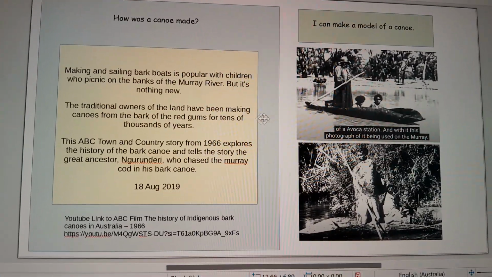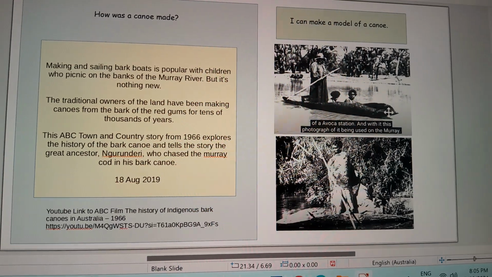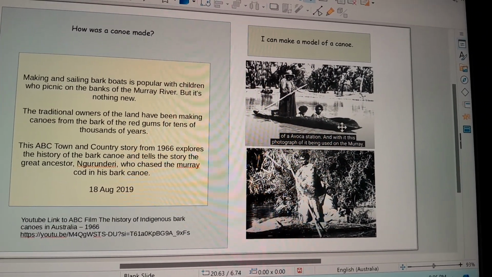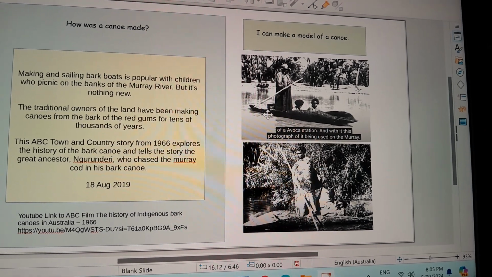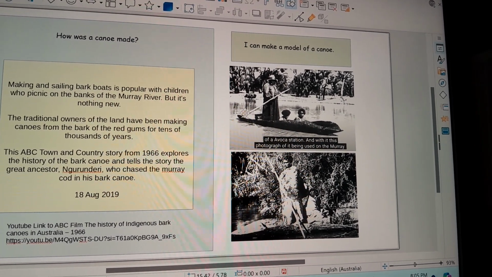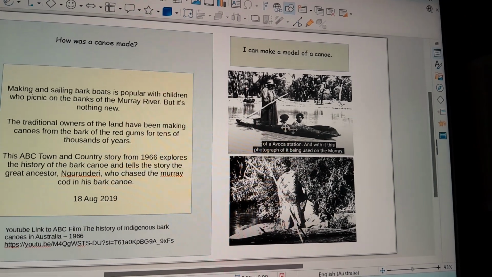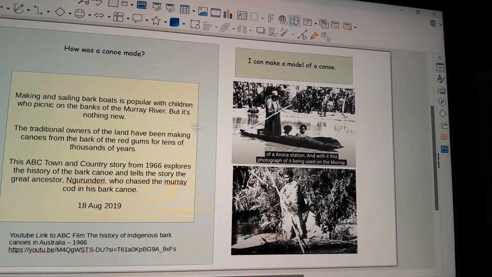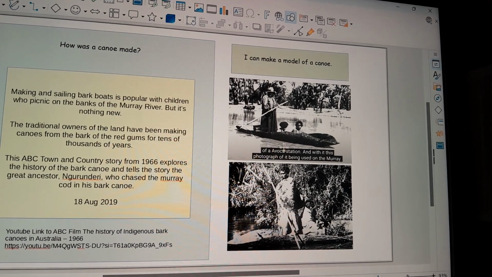It's a very good film to show, and I learned something. I learned about bark used for canoe making, and look at how simple they look. They did the job.